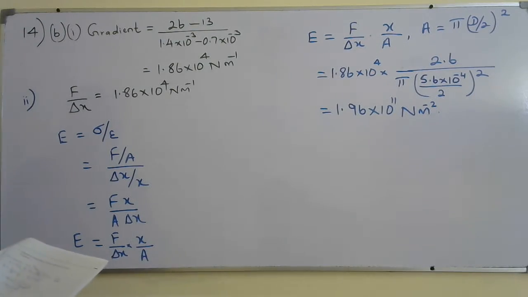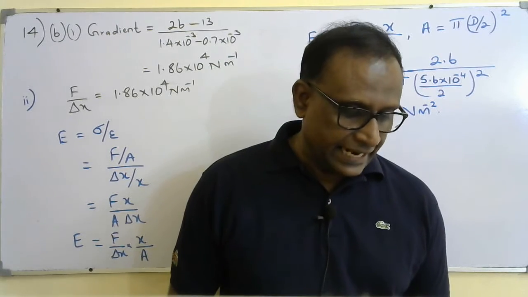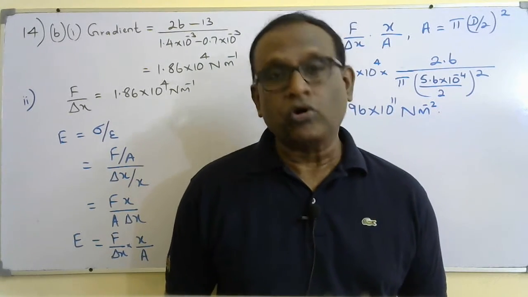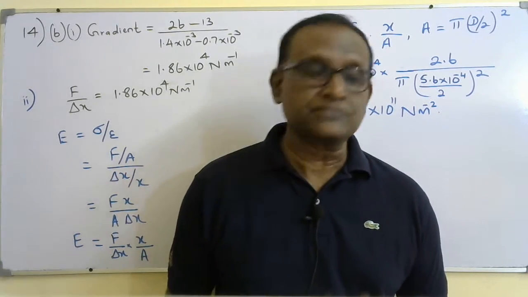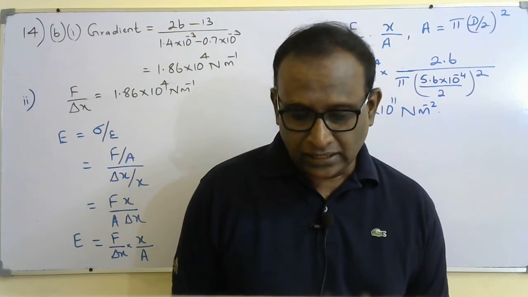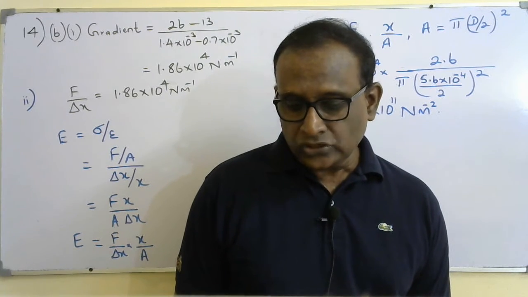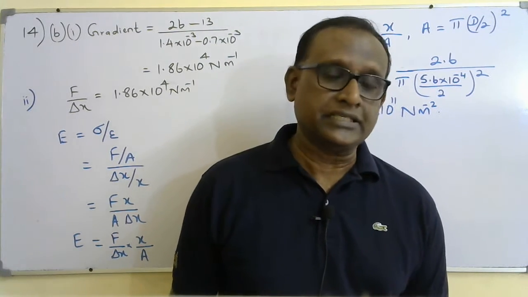Okay, so the C part: the breaking stress for this stainless steel is known to be 480 megapascal, that is 480 times 10 to the power 6. Mega means 10 to the power 6 Pascal. Deduce whether it is safe for the student to increase the weight to 100 Newton.